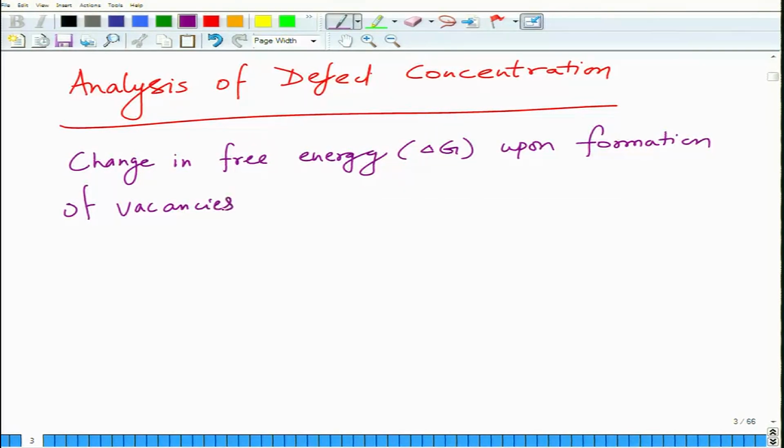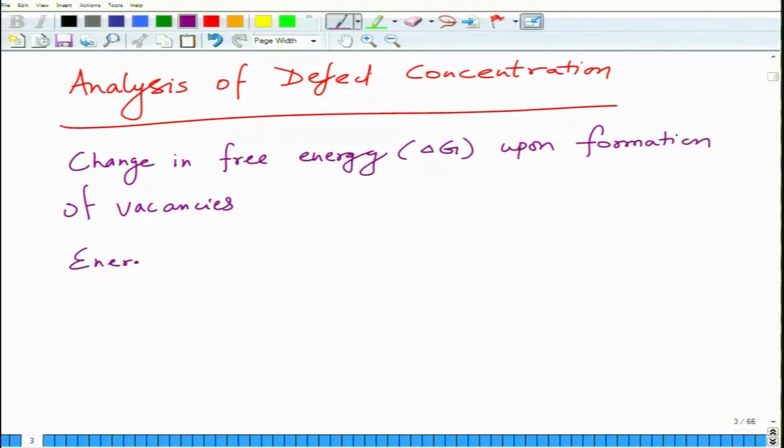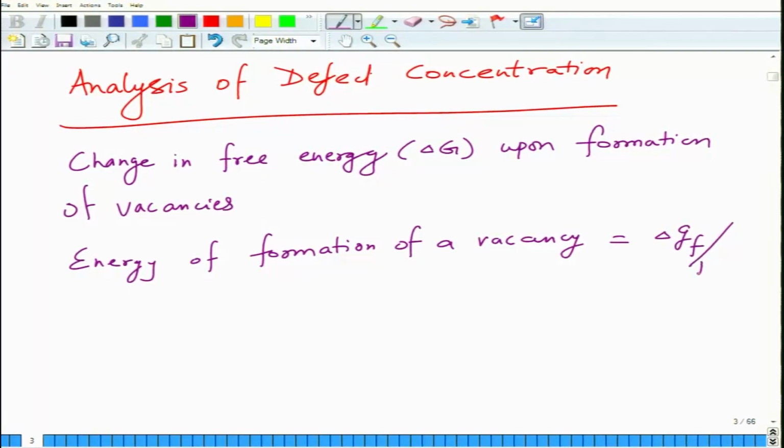If you form a vacancy, it must cost energy because you are removing an atom. Let us say the energy of formation of a vacancy is equal to delta small gf per vacancy.